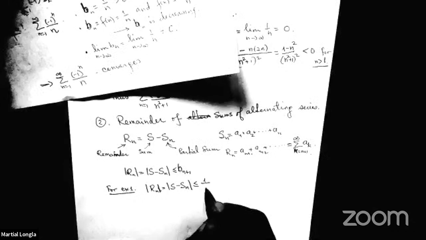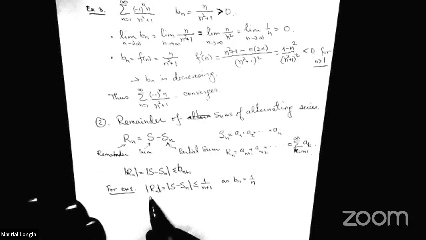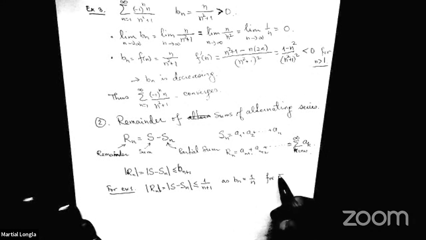Bn is 1 over n, so here it's going to be 1 over n plus 1. Which means that the remainder is always less than 1 over n plus 1. That was for the sum of negative 1 to the power n times 1 over n.